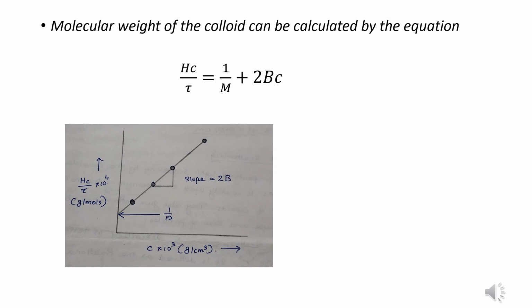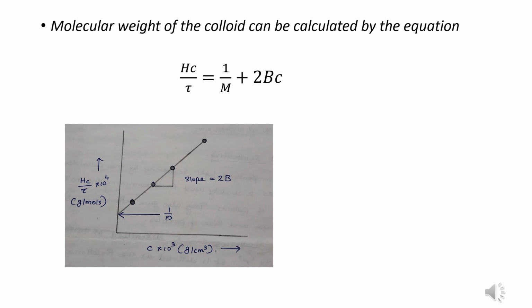The main principle behind this equation is that this is a linear equation, where Hc by tau is plotted on the y-axis and concentration is plotted on the x-axis.